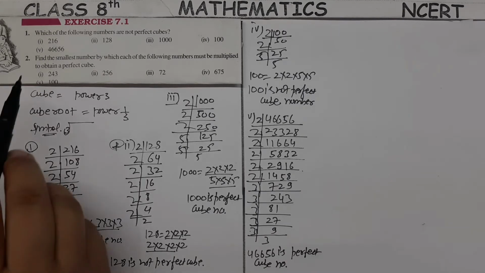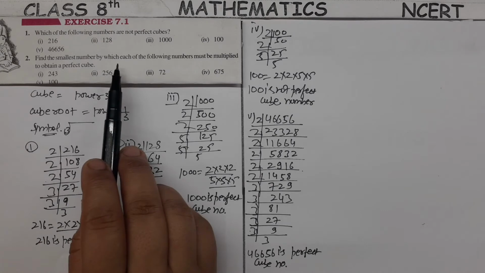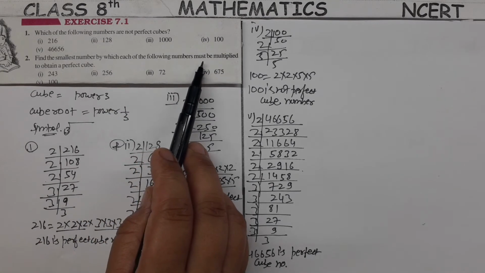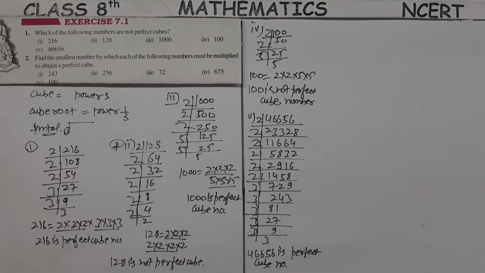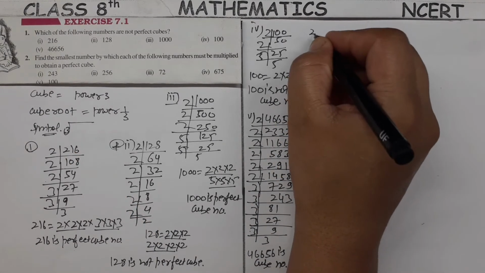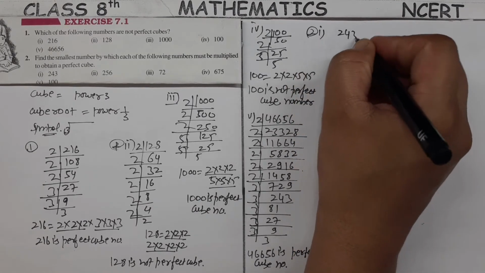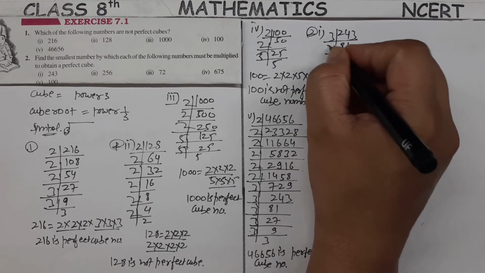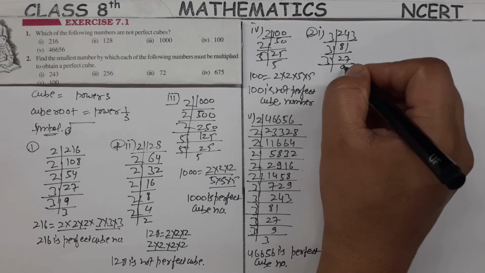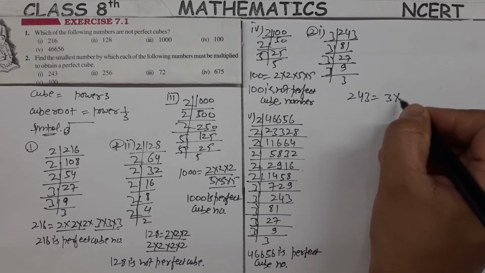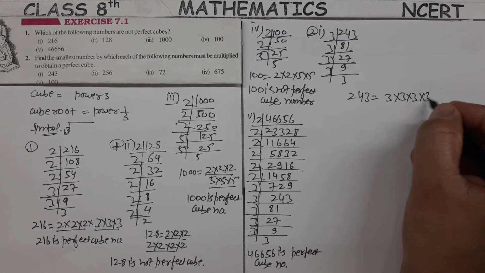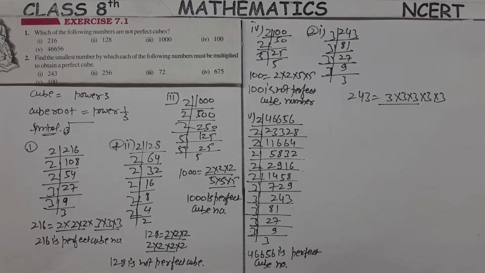Now the next is sum number 2. Find the smallest number by which each of the following numbers must be multiplied to obtain a perfect cube. Prime factors: here another 3 is not in a triplet.